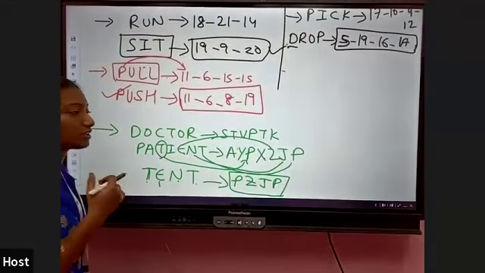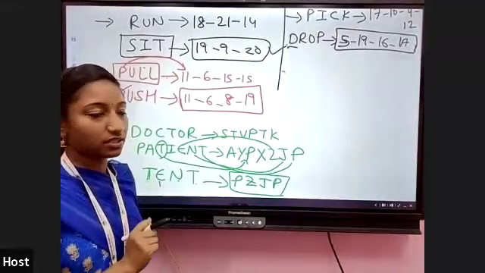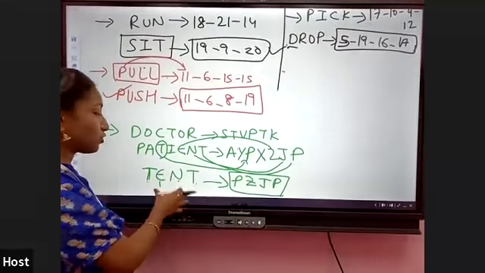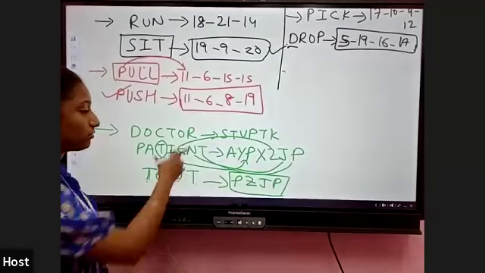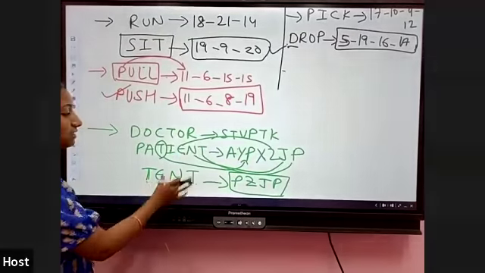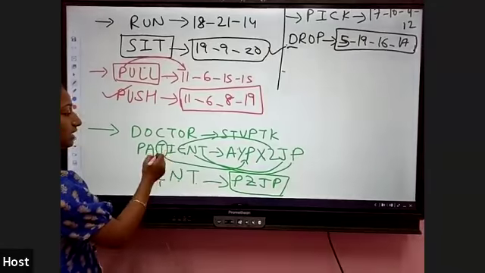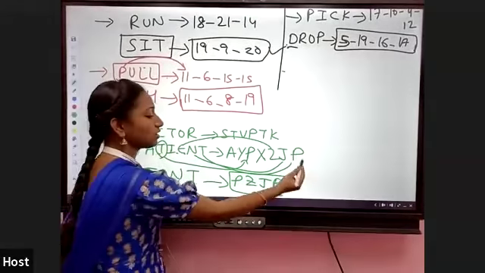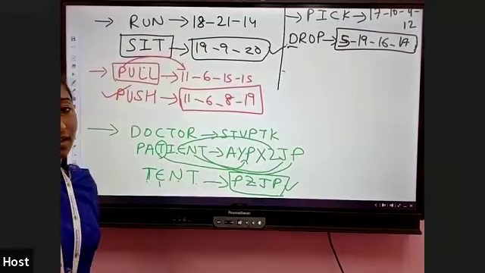They gave the values of two words, doctor and patient, and they will give the question derived from these two words. TENT is there in these two words only, TE and T. So you should find the values and you should find the answer.